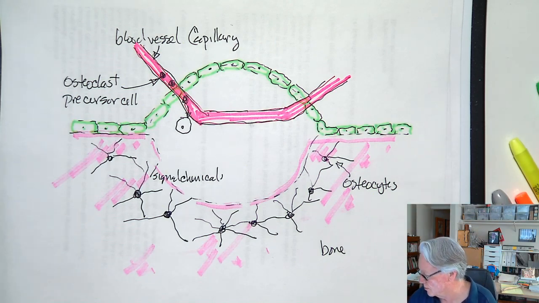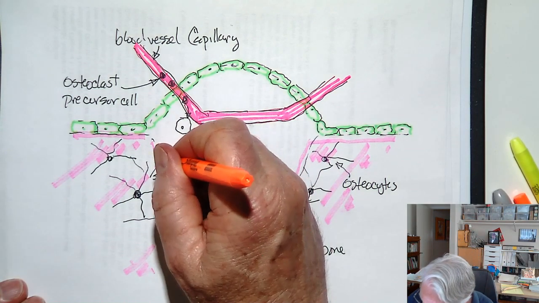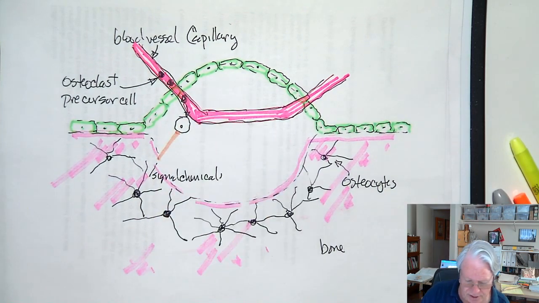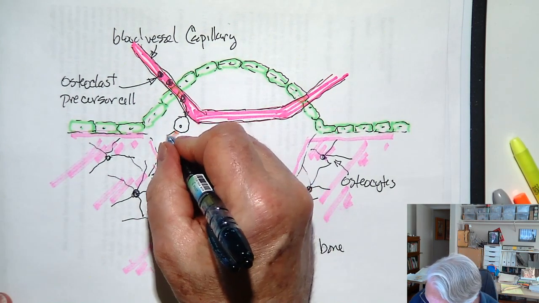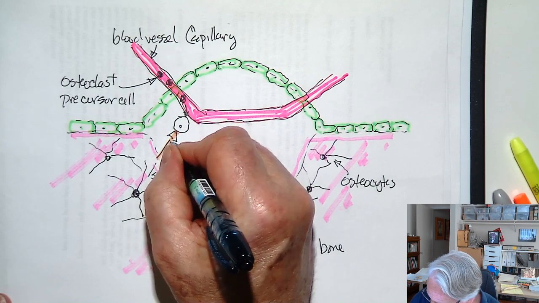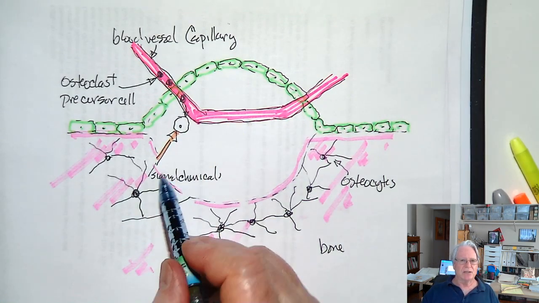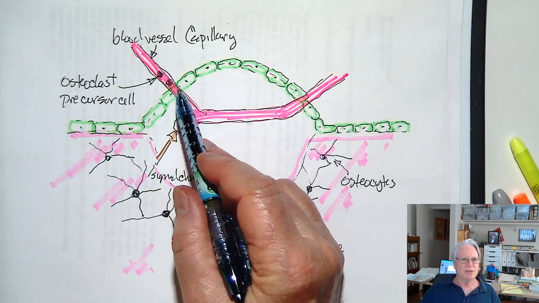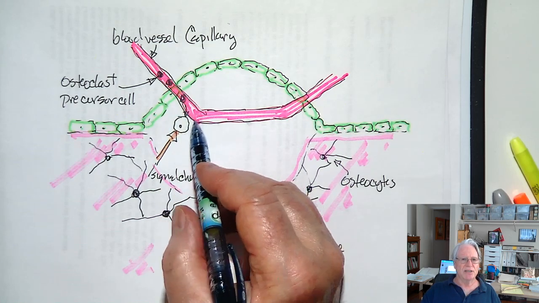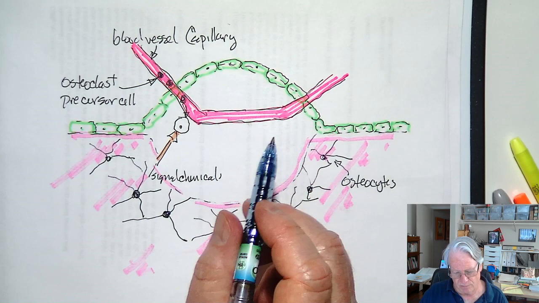So signals are being released by the osteocyte. And these precursor cells then receive that signal and they become osteoclasts.